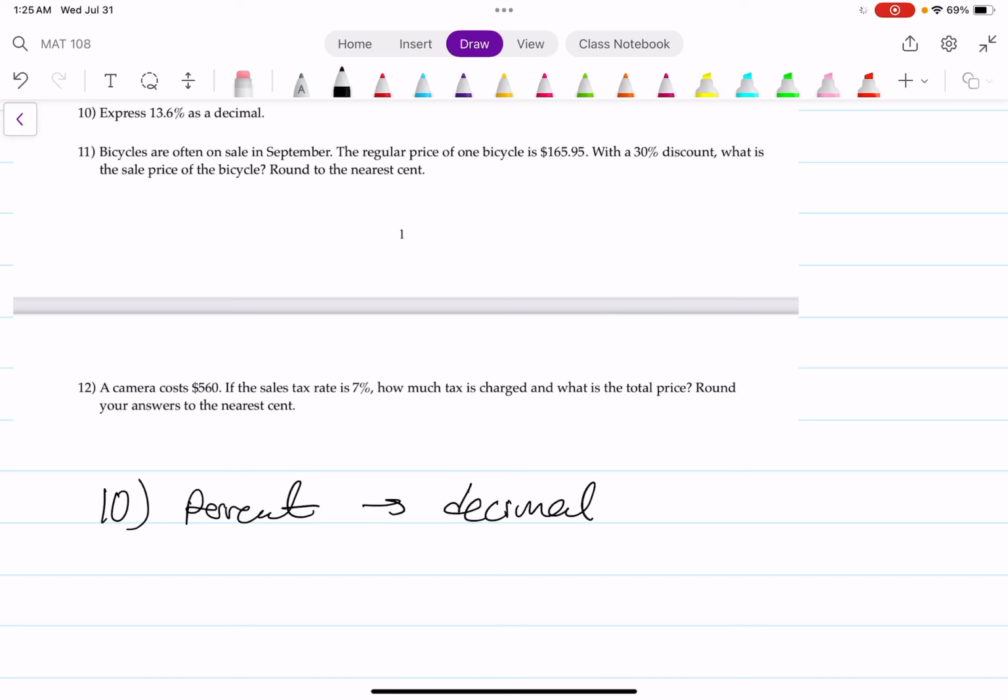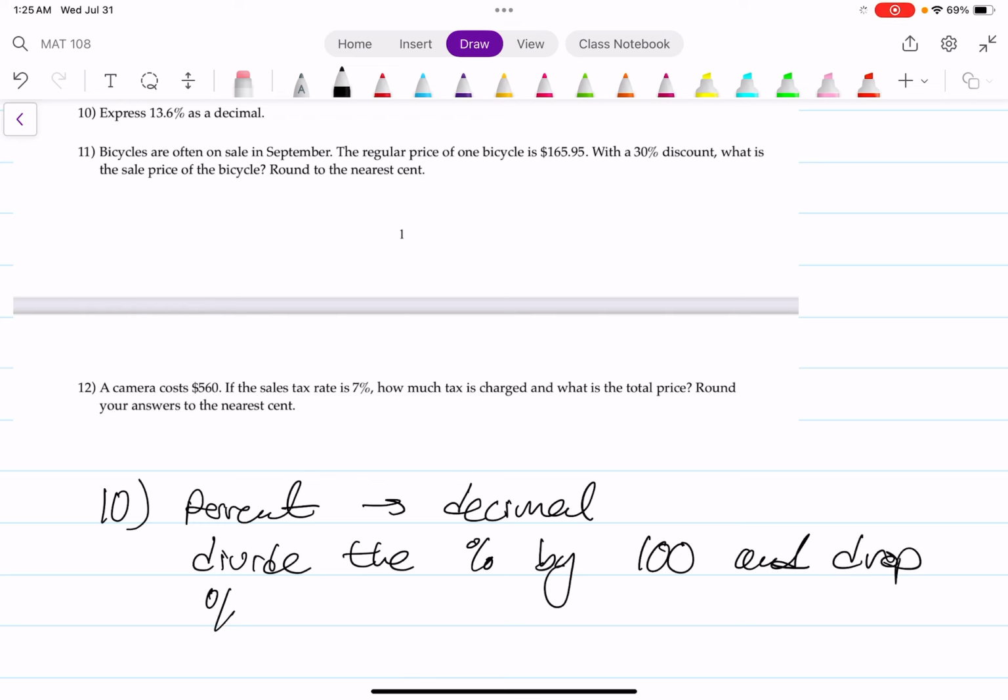But when you're converting a percent into a decimal, you're going to divide the percent by 100, and you're going to drop the percent sign.